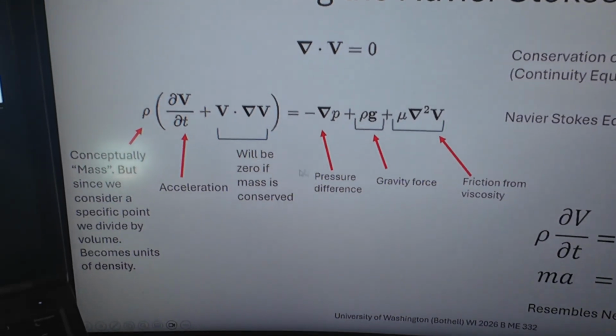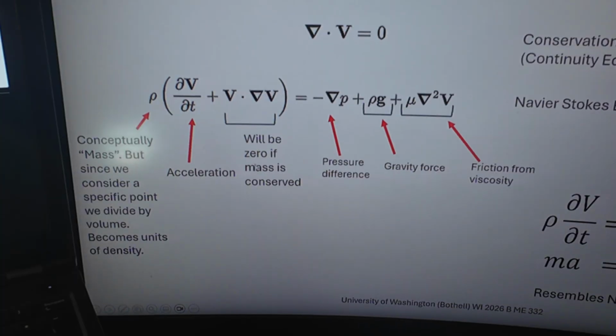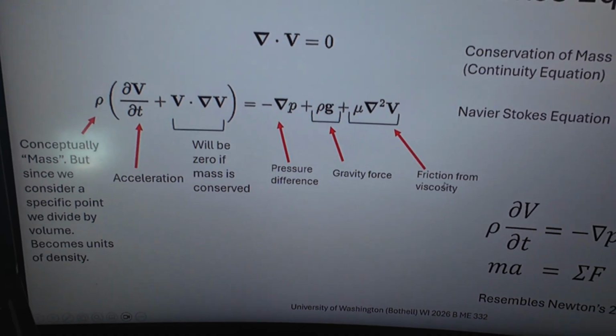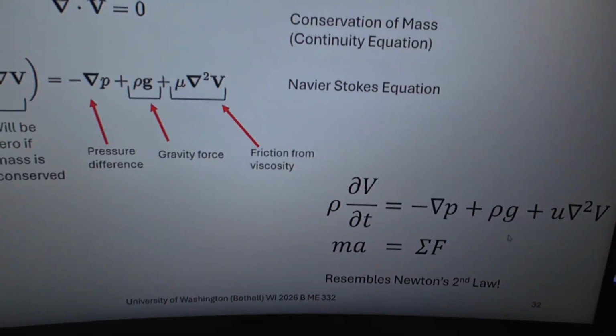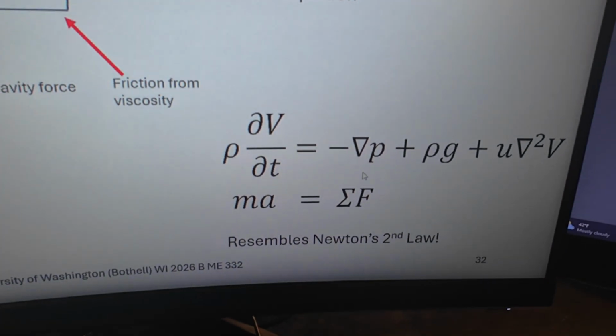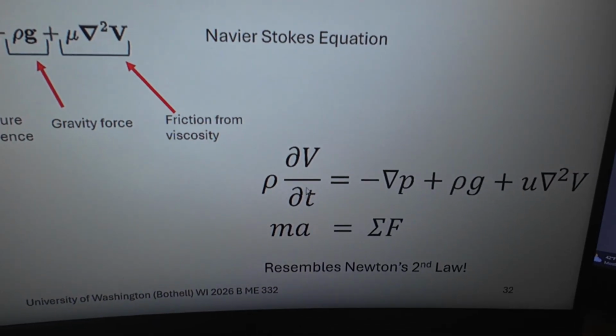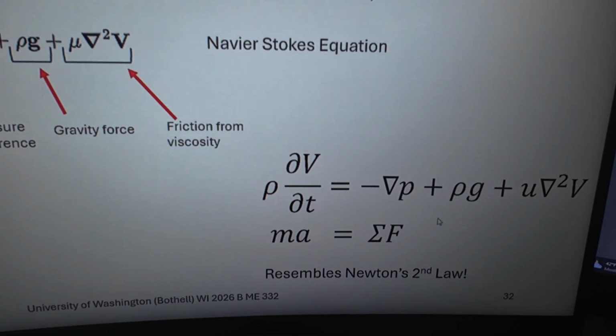I already talked about this in the recorded lecture, so I'm not going to go over it again, but this is essentially just your Newton's second law. If you apply conservation of mass and this term is equal to 0, this is going to be your mass, acceleration, and your sum of forces.